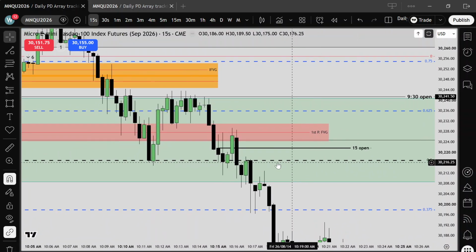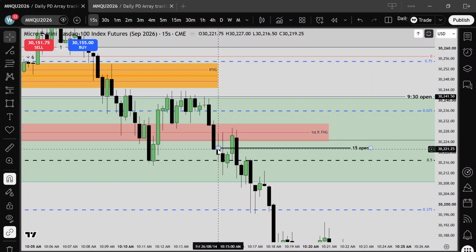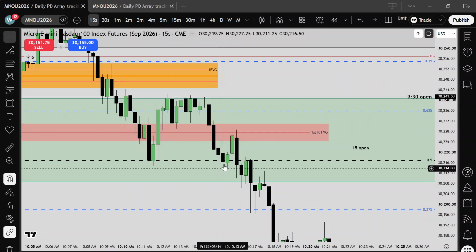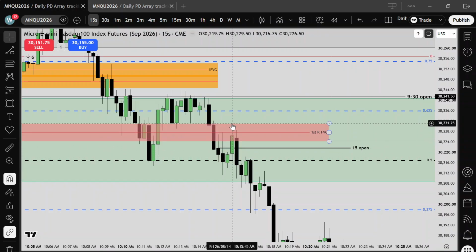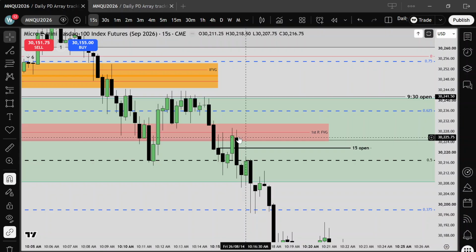Here's the 15-minute opening price. Trades up, relative equal highs. This is 1 minute. This is 15 seconds, 30 seconds, 45 seconds, 1 minute. This is the 1 minute candle. We wait for the second candle to close.